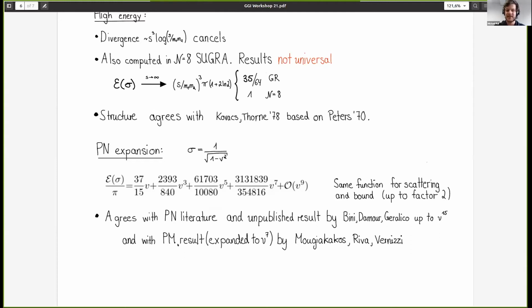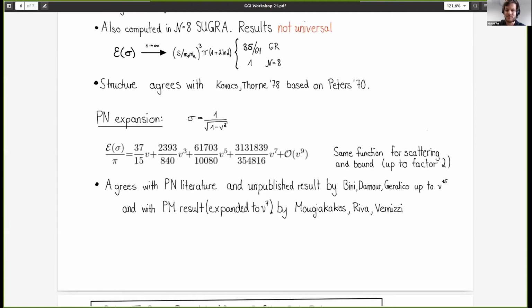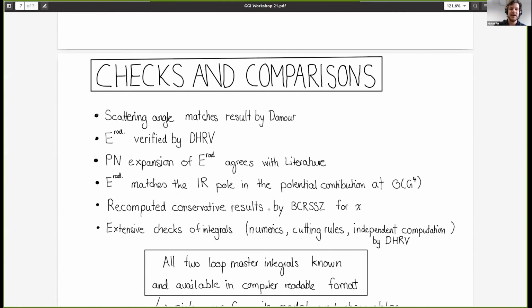And also there is some recent result which we also heard about earlier, it's basically PM, but they have to expand their result in order to compare with us, and they agree at least up to order v to the 7. But in principle, I think this can be performed to any order.